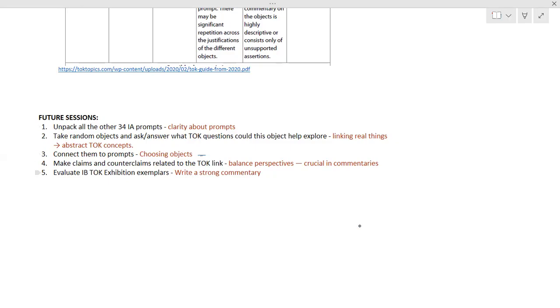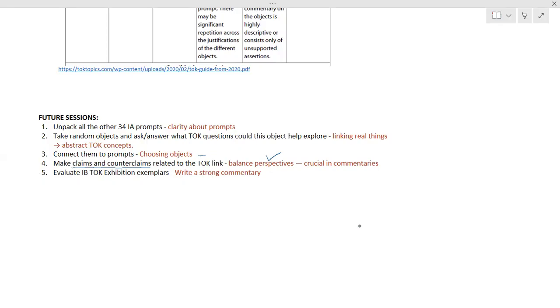Another session will focus completely on how do you make claims and counterclaims related to the TOK lib. Now, whenever you construct claims and counterclaims, you are actually talking about different perspectives. So it will teach you how to balance perspectives, which is very crucial in commentaries, and evaluate IBDP exhibition exemplars.